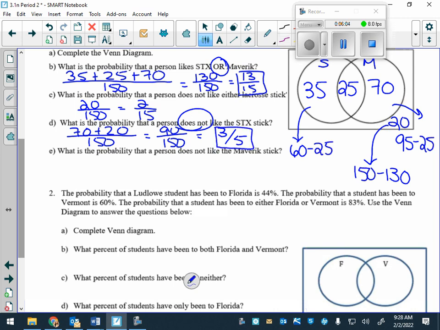All right. What is the probability that a person does not like the Maverick stick? Yeah. 20. It's the outside that doesn't like this one. So you're eliminating the whole circle. Okay? So what is the probability that a person does not like the Maverick stick?